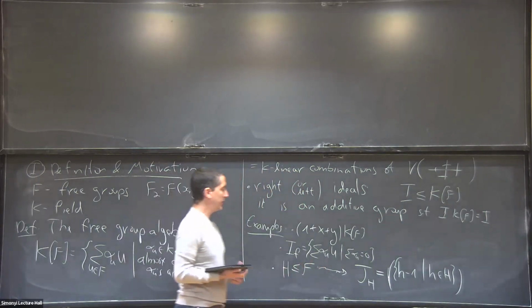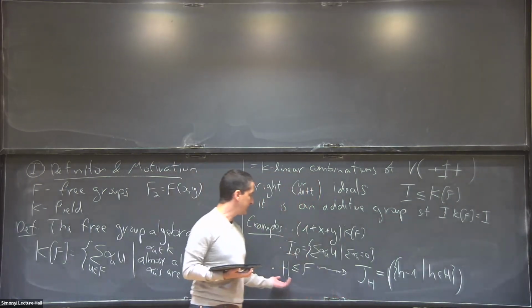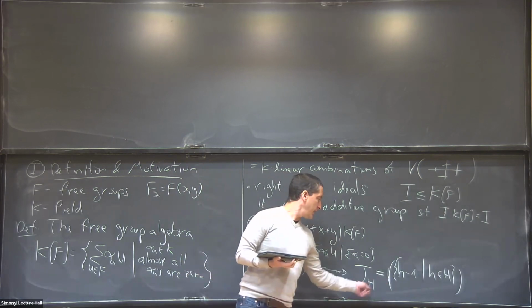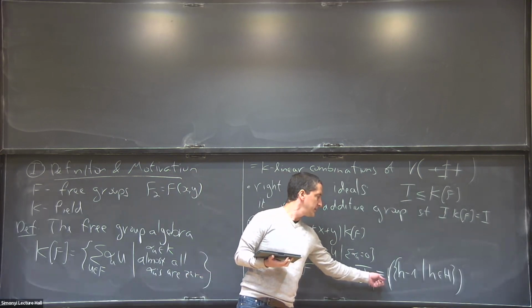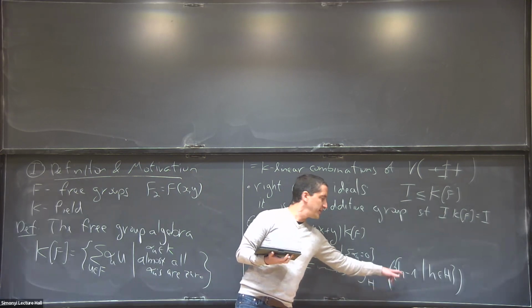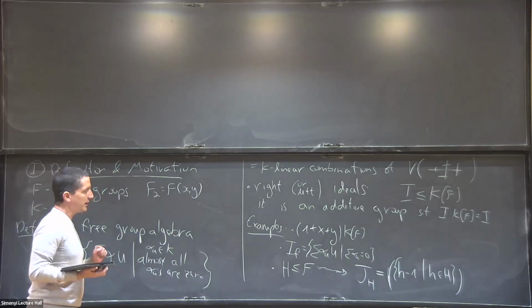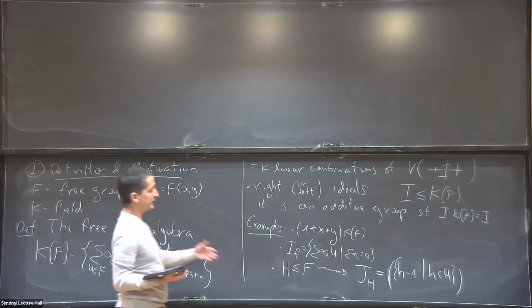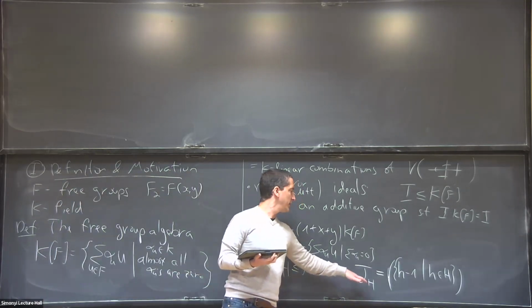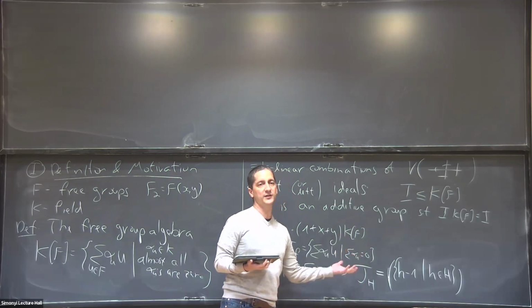It turns out that this is very useful. You can take any subgroup and associate it with this ideal. What is this ideal? For every right coset of H, the sum of the coefficients is 0.